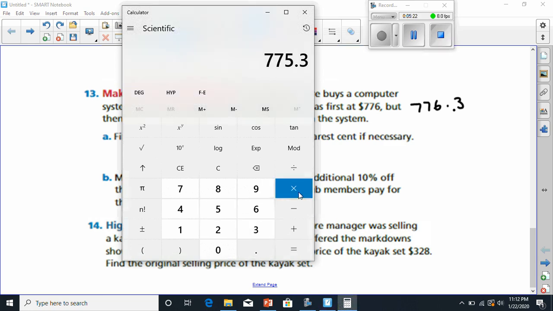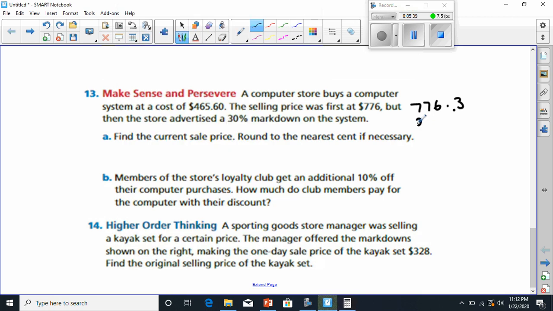776 times 0.3 is going to be 232.8. Now we're going to be minusing this because this is how much the discount is.